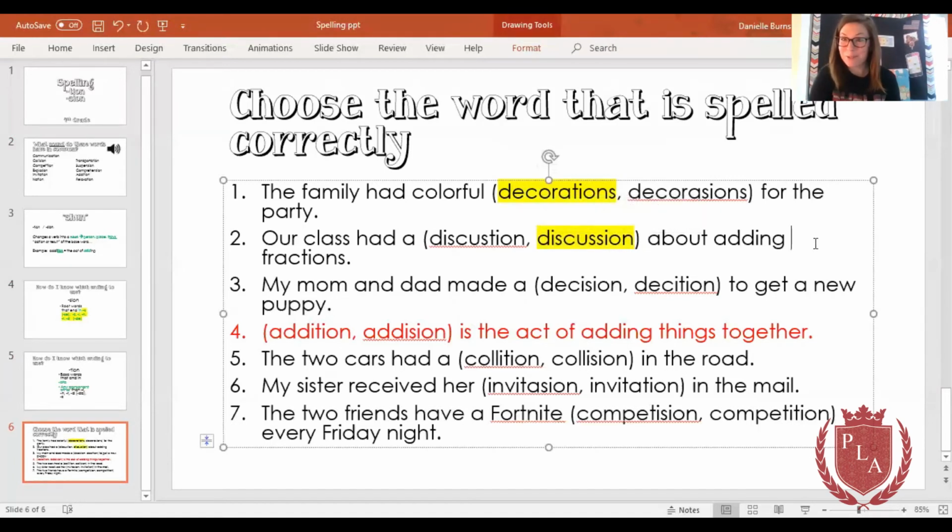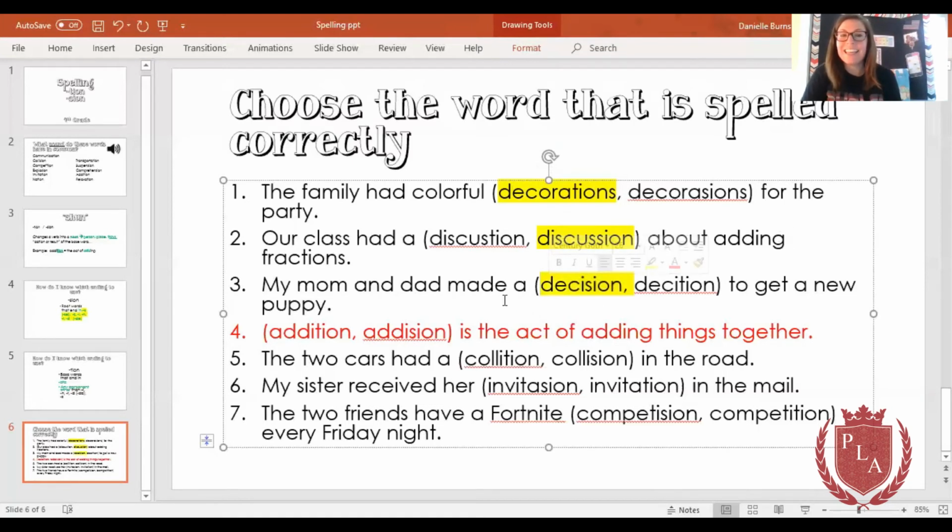Did you choose that one too? Let's look at number three. My mom and dad made a decision to get a new puppy. Decision, decide. Decide ends in D-E. I remember that's one of the S-I-O-N spellings, which means we will choose, yes, the first spelling right here.